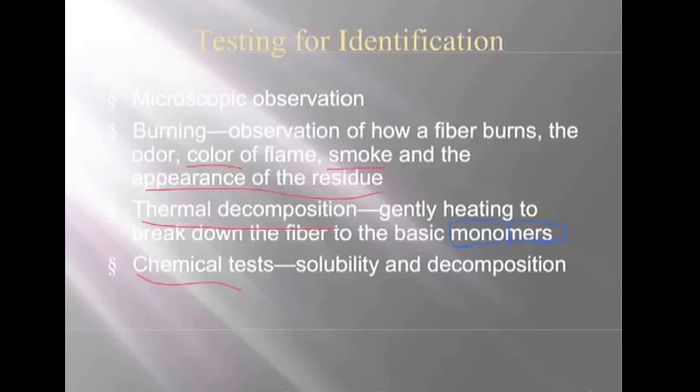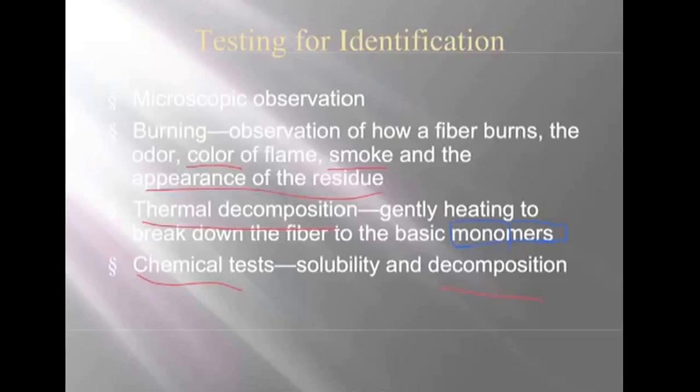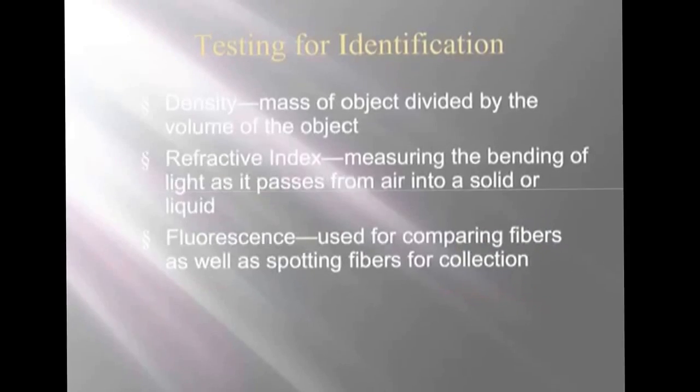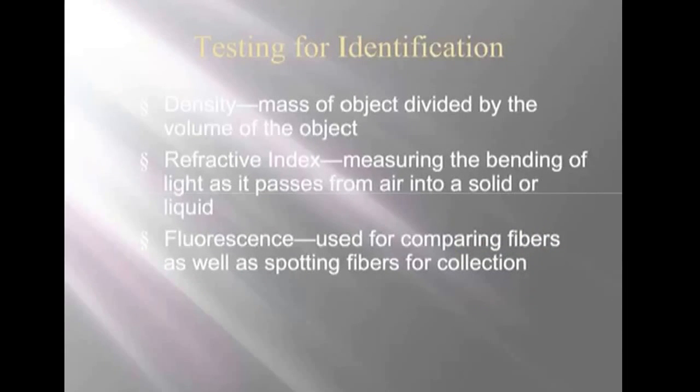Chemical tests. Solubility, and then general decomp as well. Solubility, obviously, will it disassociate in water, and things like that. Alright, also, we can test for the density of the material, and lots of different ways to do that. Refractive index.